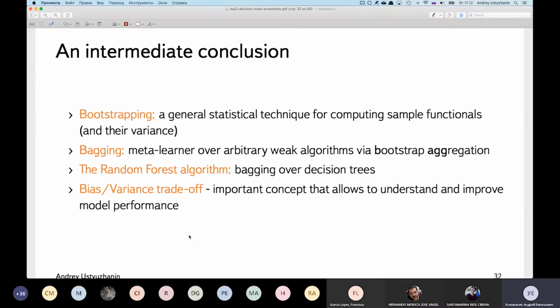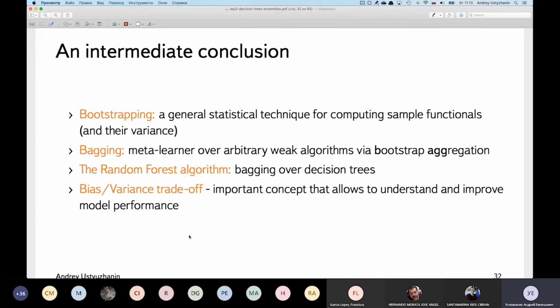So let's state an intermediate conclusion about what we saw about ensembles of trees. Bootstrapping is a general statistics technique for building learners that improve the performance of the model.